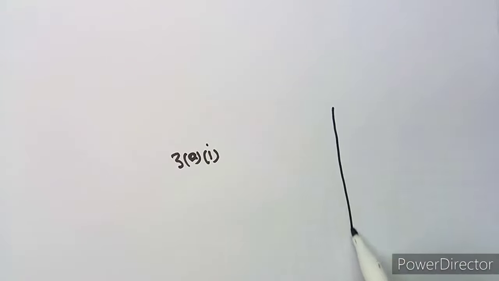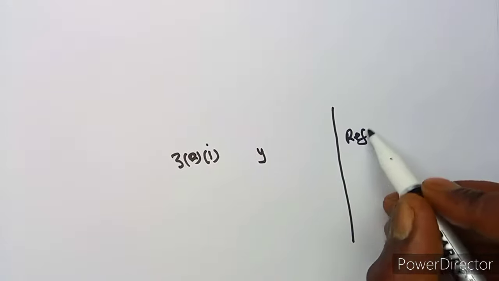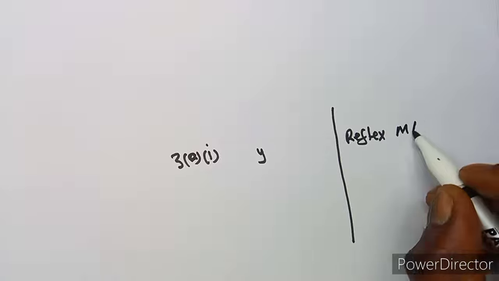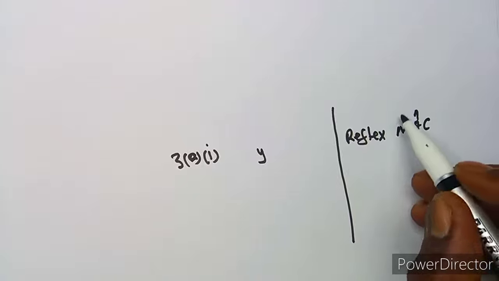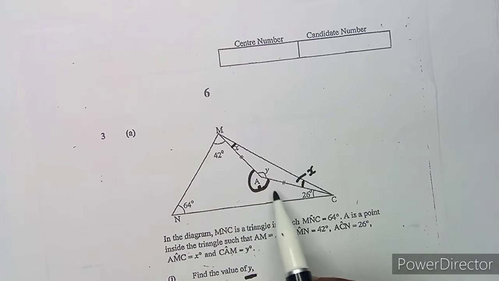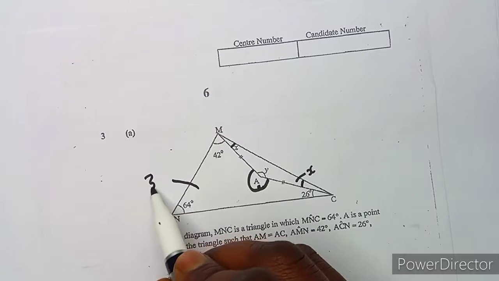We want to calculate the value of y, but let us start by calculating the reflex MAC. This MAC is the angle that is inside this quadrilateral, and we said in a quadrilateral angles add up to 360 degrees.